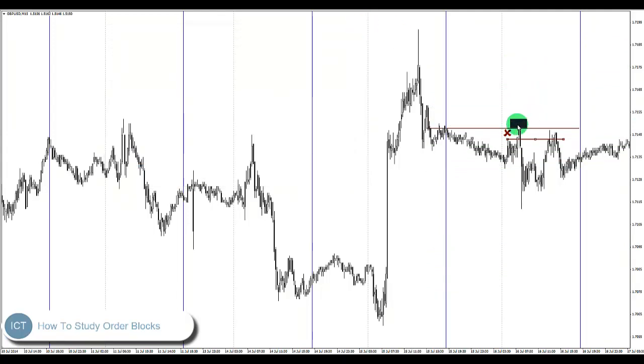So we have this setup here. Now, interestingly enough, if you look over here, we have another smaller intraday sell that was available for the New York Open with the same area in mind here.